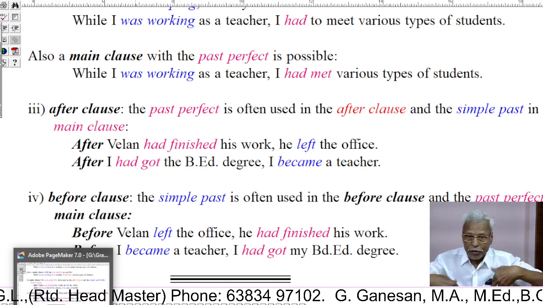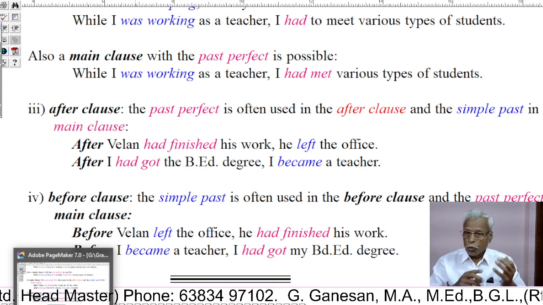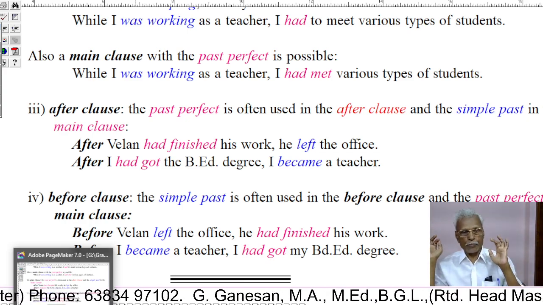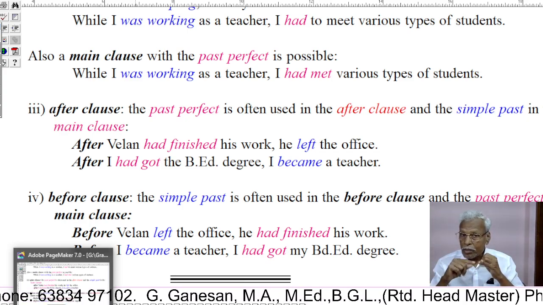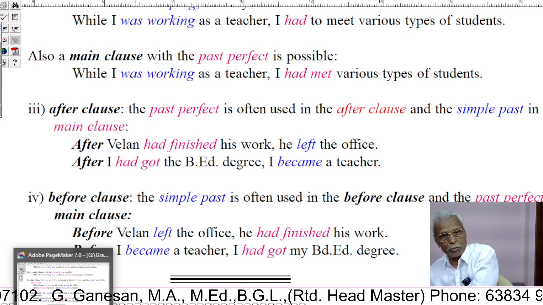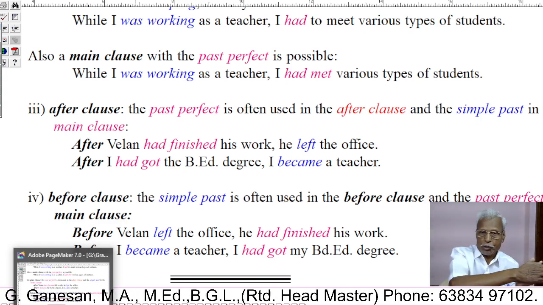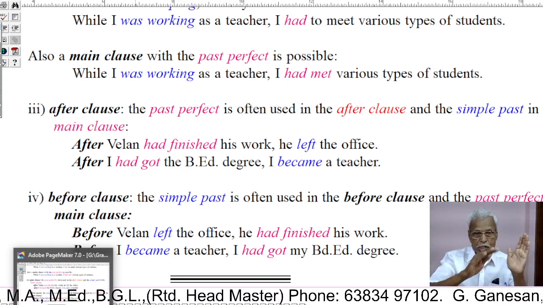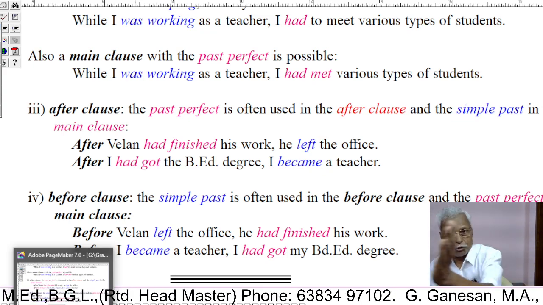We can use the when clause, before clause, or after clause. When we use the when clause and before clause, the action that happened second, the simple past, should be expressed using the when clause or before clause, and the action that happened first, the past perfect, should be expressed using the main clause.